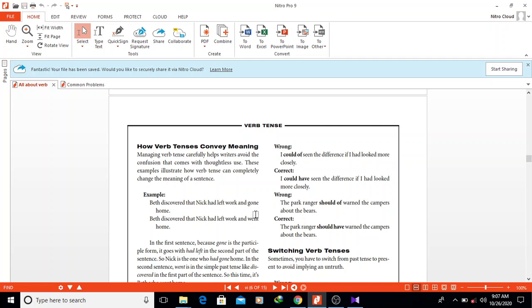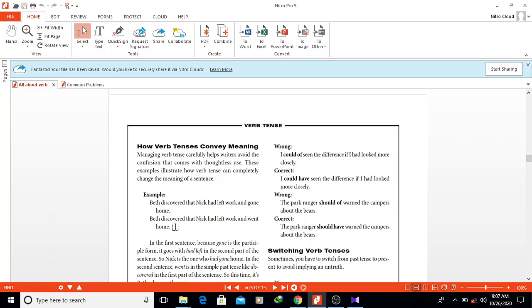So for the first sentence, you can see that the one who had gone home is Nick, while for the second sentence, the one who went home is Beth. It's because of the form of the verb. So in the first, Nick had left work and then he had gone home.